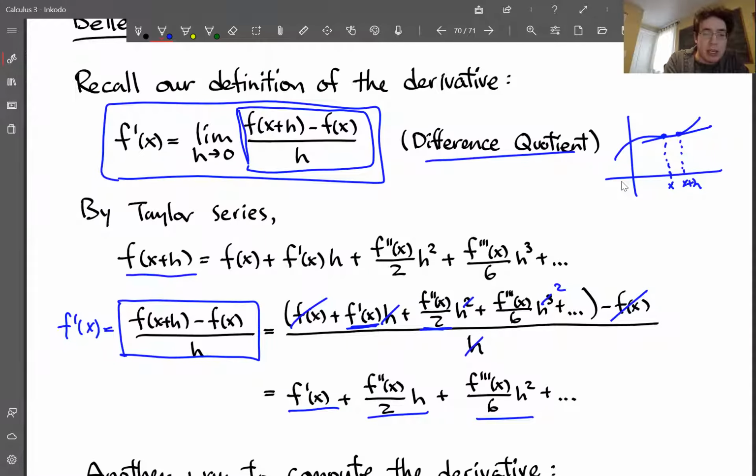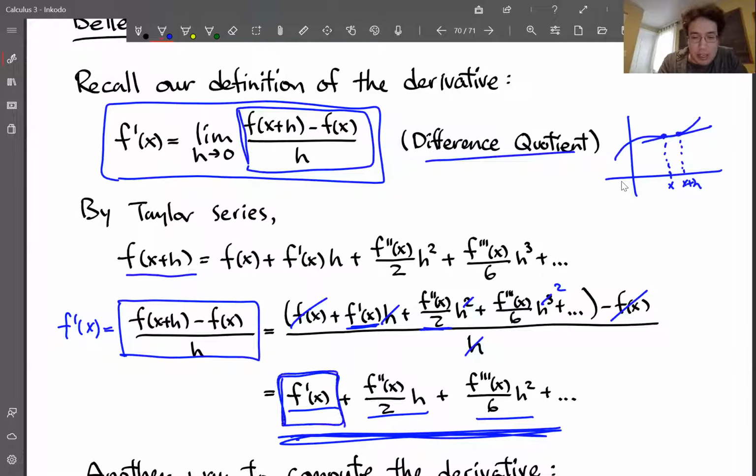So if we computed this difference quotient with some h that's not going towards 0, this is what we actually compute. And this is what we wanted, right? This is an error, and actually everything else after the first term is an error, but one error is much bigger than the others, and that's the very second term right here. The reason why I say that this is bigger than everything else, notice the exponent of h, and h is supposed to be a really tiny number, right?